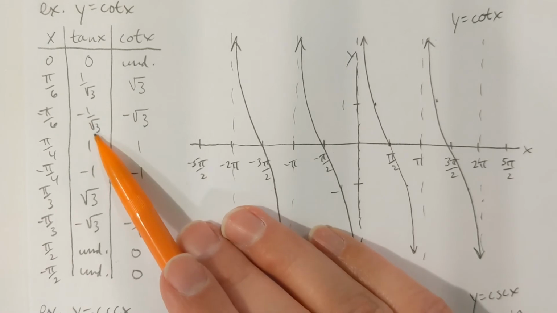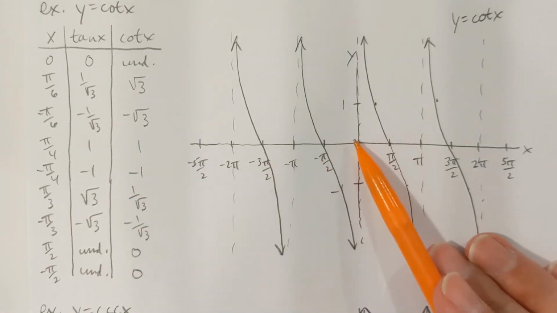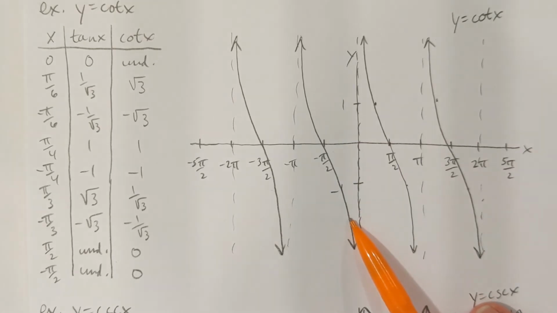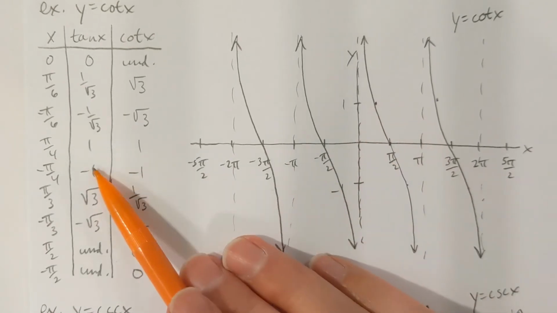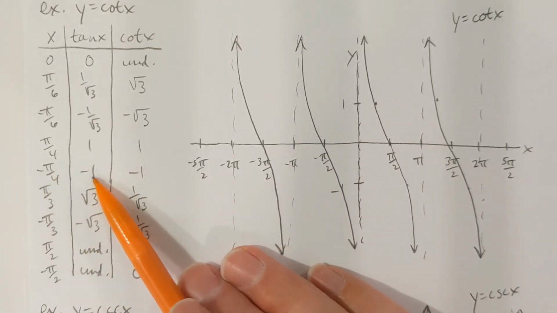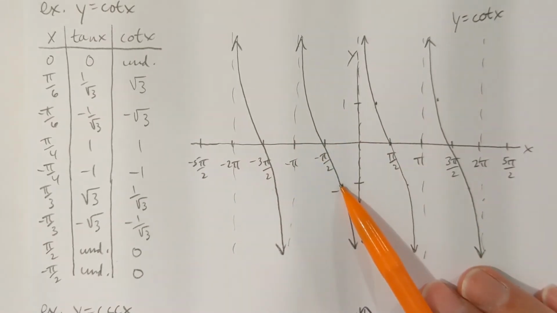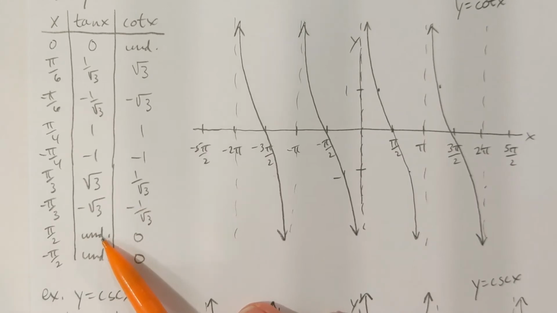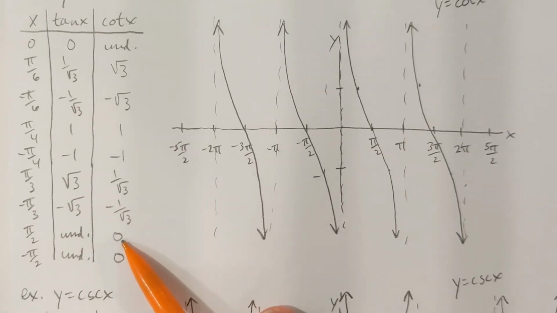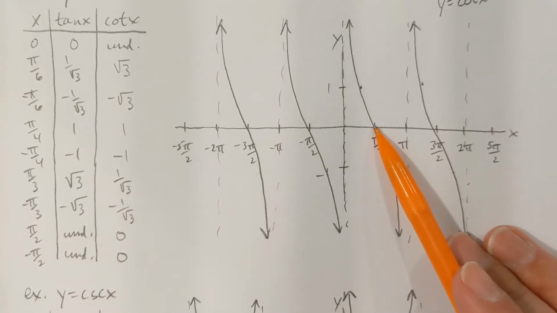The reciprocal of negative 1 over root 3 would be negative root 3. So that point, (negative pi over 6, negative root 3), would be about right here. The reciprocal of 1 is 1, so (pi over 4, 1) is on the graph. The reciprocal of negative 1 is also negative 1, so here's (negative pi over 4, negative 1) on the graph. The reciprocal of something that would be undefined would be 0, so (pi over 2, 0) would be on the graph.